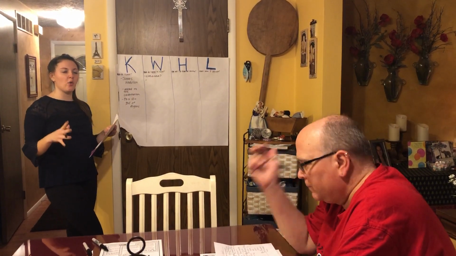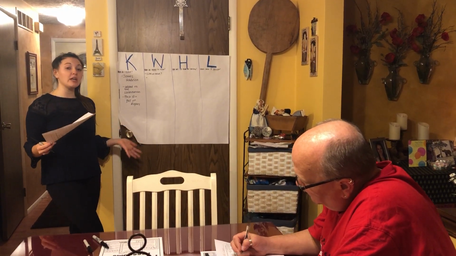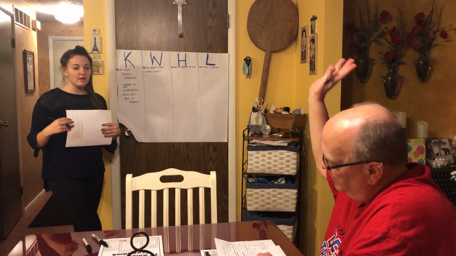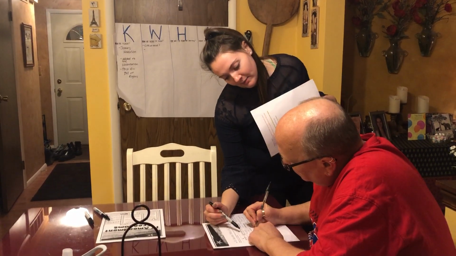Take a minute and think about something that you would want to know about the First Amendment. We already talked about how many freedoms it could have, so that's possibly something that you would want to know. Take a minute and write down some of your thoughts. Let's get you under the W here. What do you want to know?